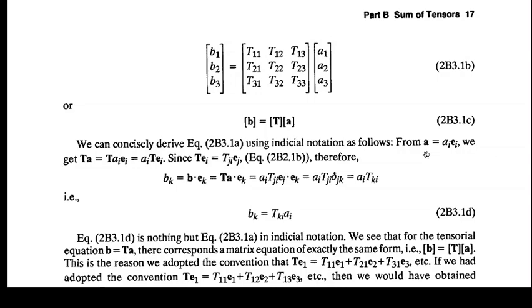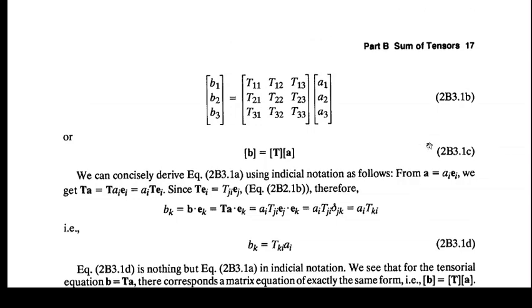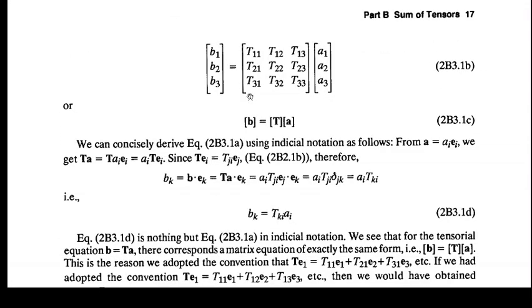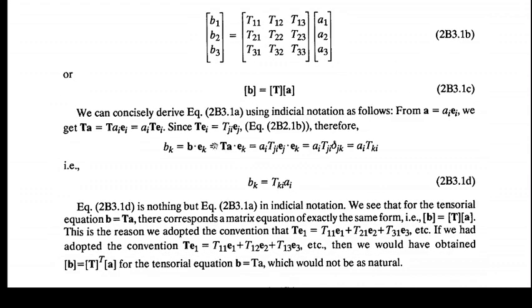This is the indicial notation for your vector A. This is A equal to A1 E1 plus A2 E2 plus A3 E3. This can be written as A is equal to Ai ei.